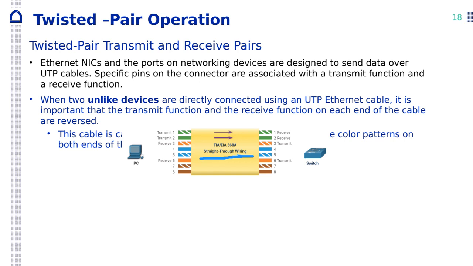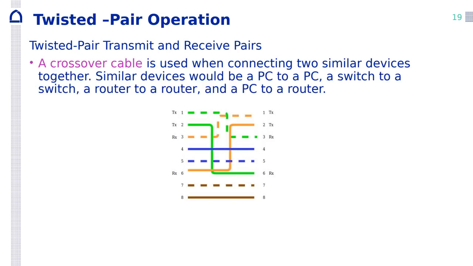Can you see it? If I have two similar devices, computer to computer, switch to switch, PC to router, then I will use a crossover cable. We will show you some types of these cables, inshallah.